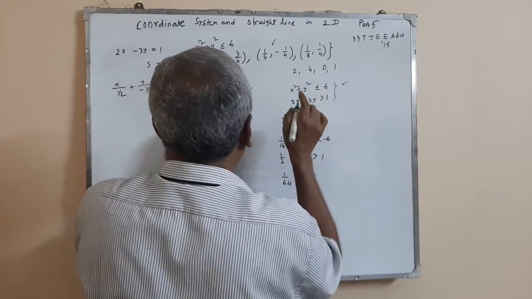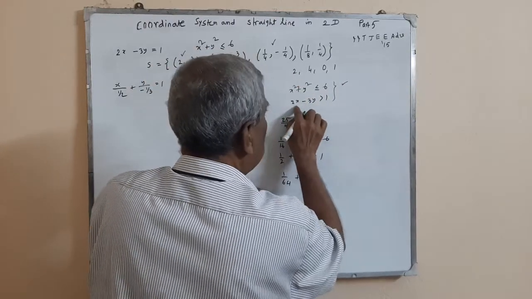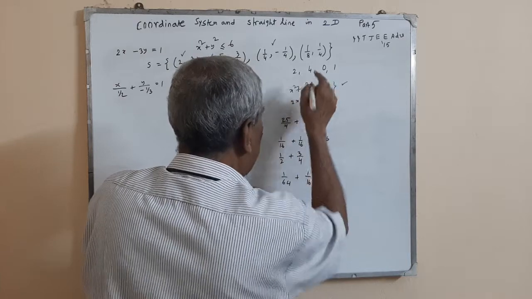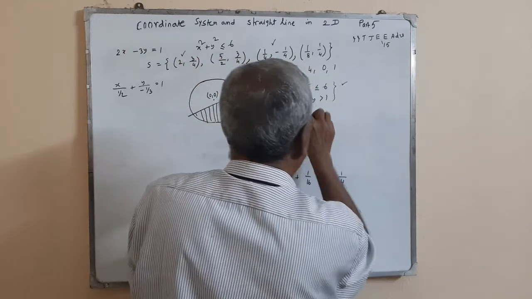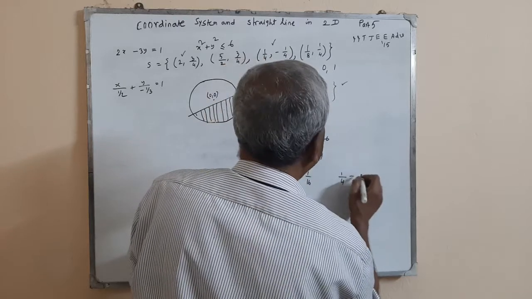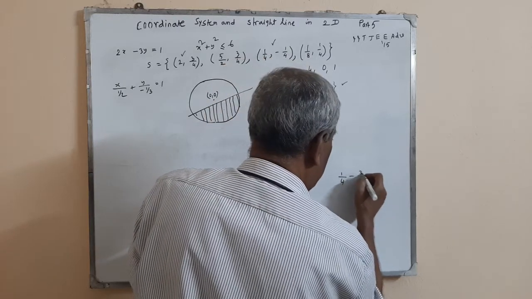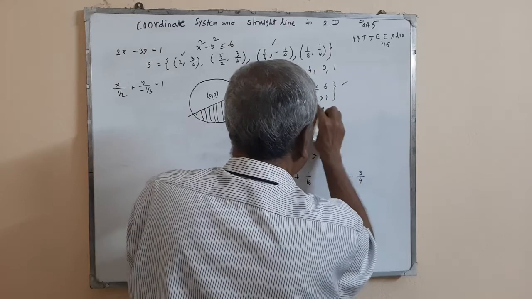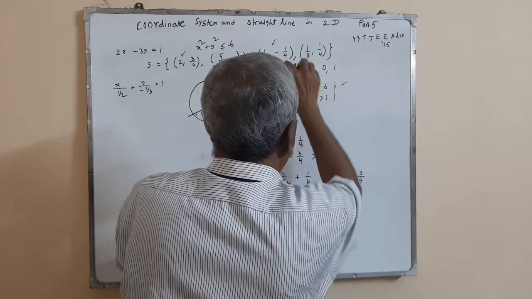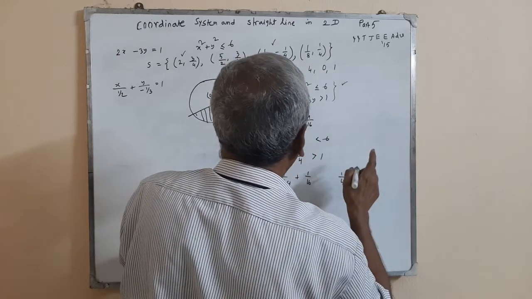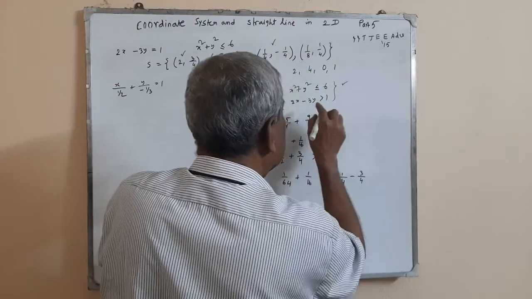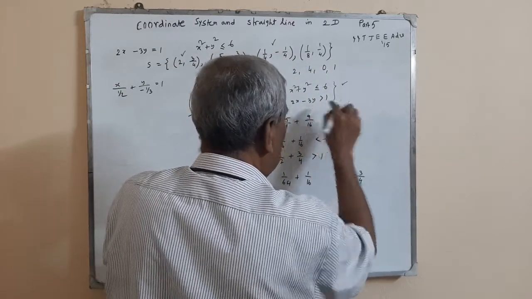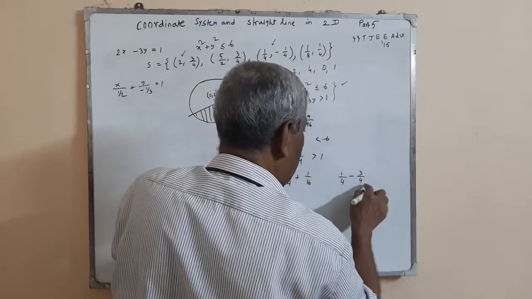Okay. And for the second one, 2 into 1 by 8, that is 1 by 4, and minus 3 into minus 1 by 4. Oh, not minus, it is minus 3 into 1 by 4.